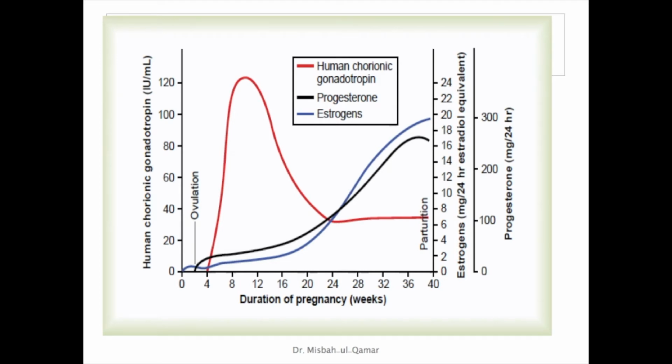Placenta secretes both estrogen and progesterone by the syncytial trophoblast cells, and towards the end of pregnancy, daily production of placental estrogen increases to about 30 times the mother's normal level of production.